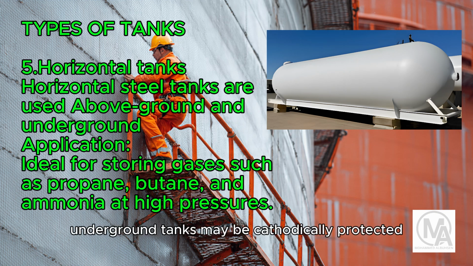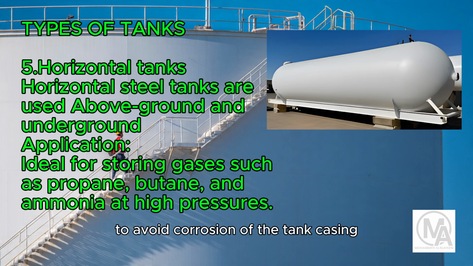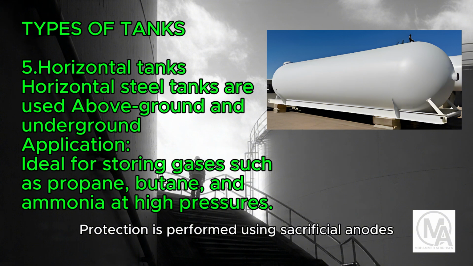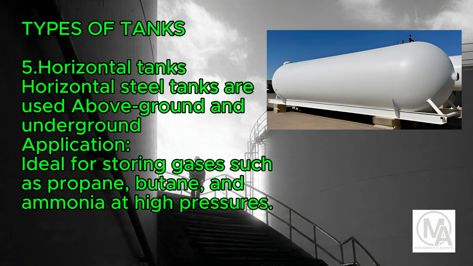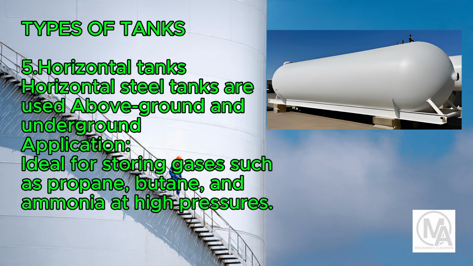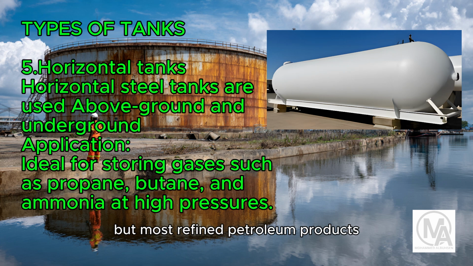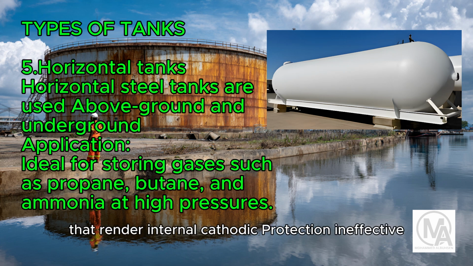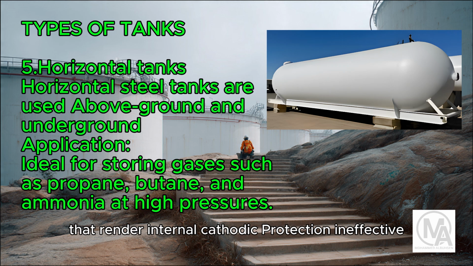Underground tanks may be cathodically protected to avoid corrosion of the tank casing. Cathodic protection is performed using sacrificial anodes linked to an impressed current system or by employing galvanic anodes in the tank. But most refined petroleum products include corrosion inhibitors that render internal cathodic protection ineffective.